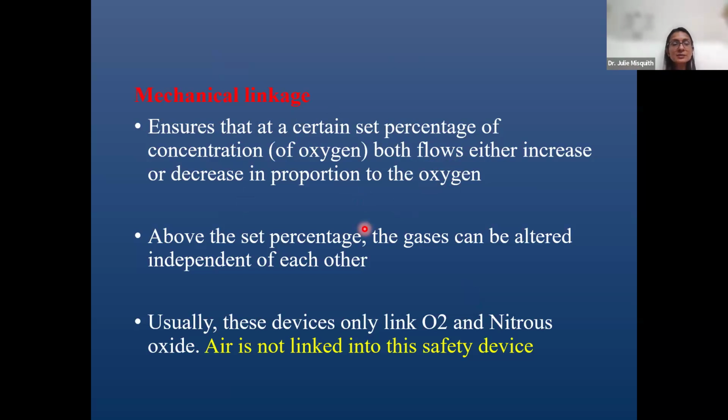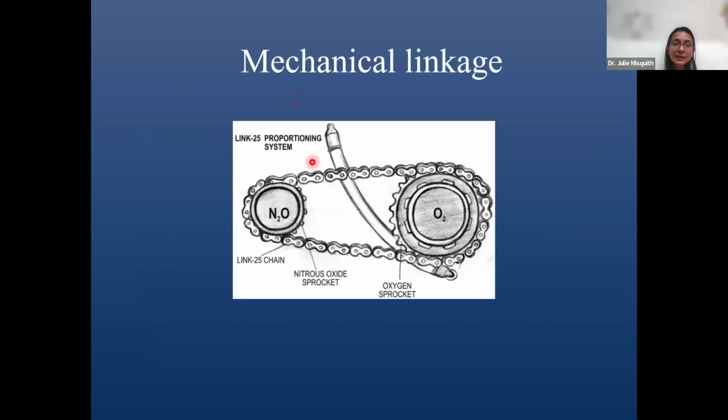Usually these devices only link oxygen and nitrous oxide, and that is a pitfall because air is not linked into this safety device. Here we have the Link-25 proportionating system where there are 14 sprockets here and 21 sprockets here. And when the minimum flow is achieved, it links to the flow meter.